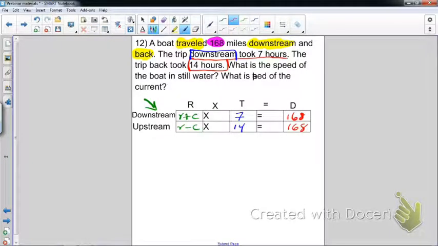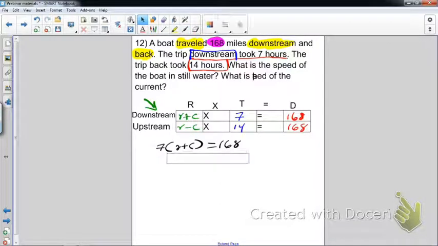So now we have the two equations that we wanted. We have the first equation that represents downstream to be 7 times r plus c. Remember, r is the speed of the boat, c is the speed of the current, and then we have a total of 168 miles that the boat traveled.